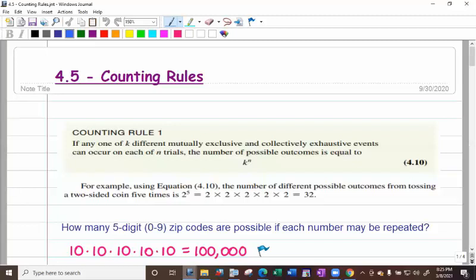So it's 2 times 2 times 2 times 2 times 2, and 32. For example, if you took a 6-sided die and you rolled it 3 times, all the different outcomes you could get would be 6 to the 3, which is 6 times 6 times 6, which is 216.